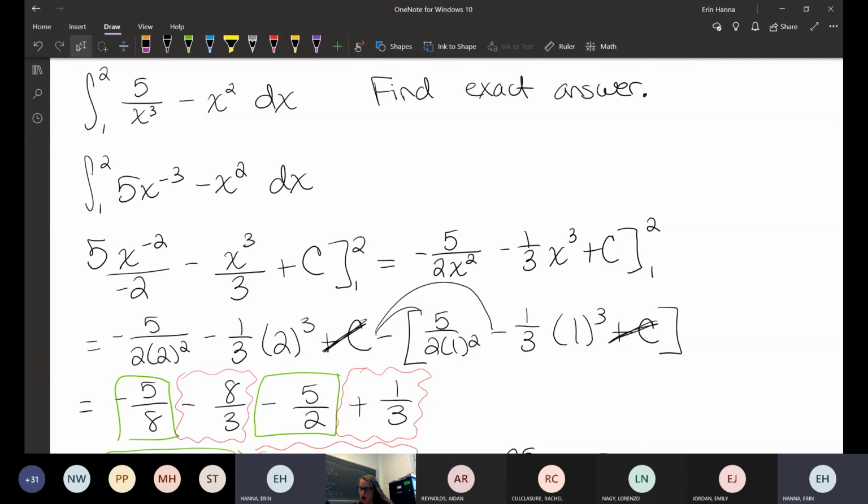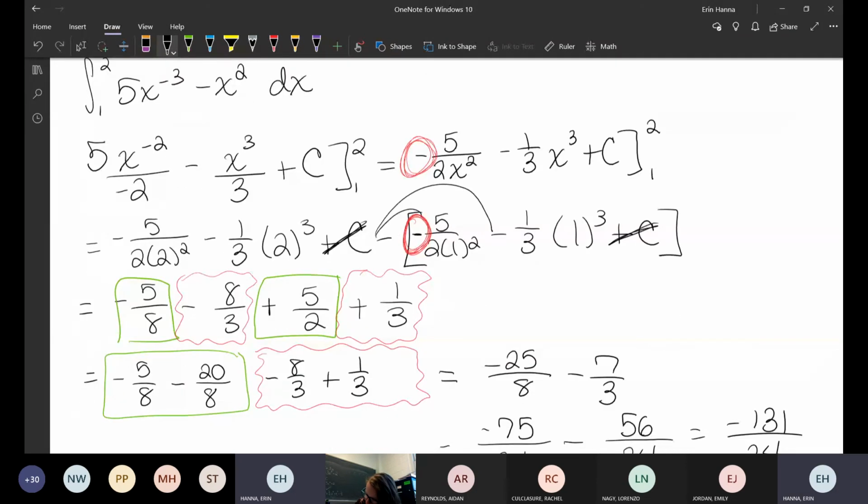Oh, I see. Pesky negative here that didn't end up here. That's what happened. Oh man, that's really far back.